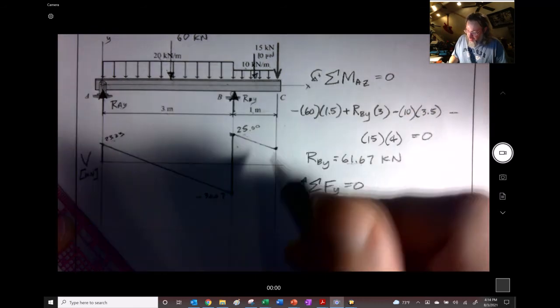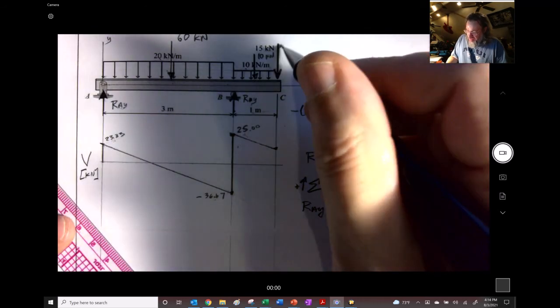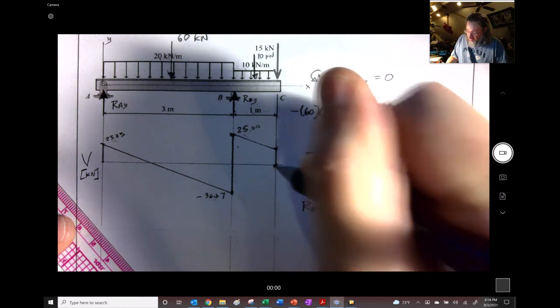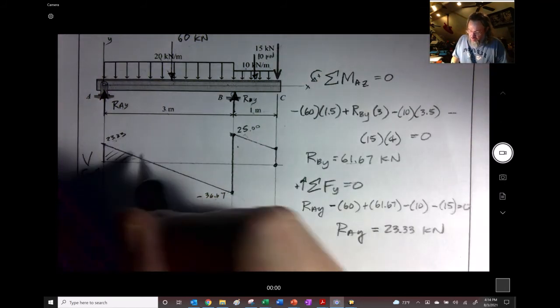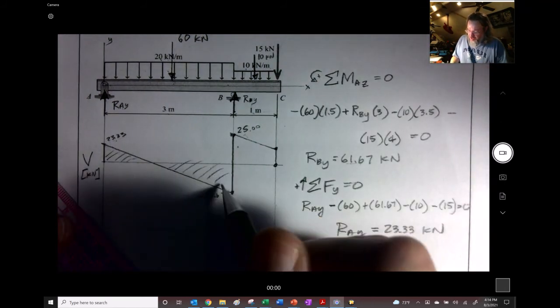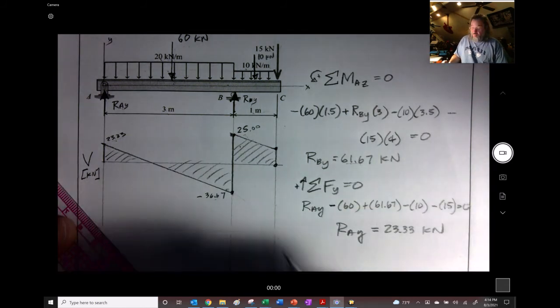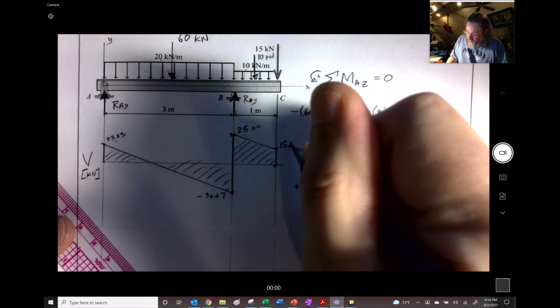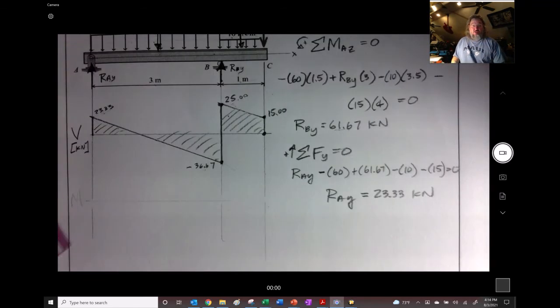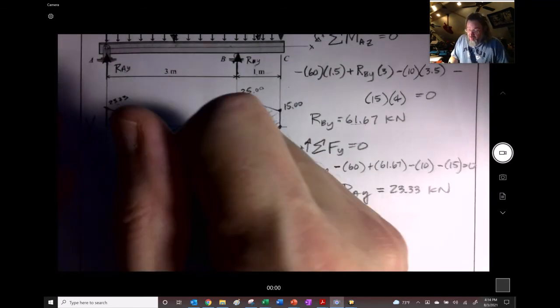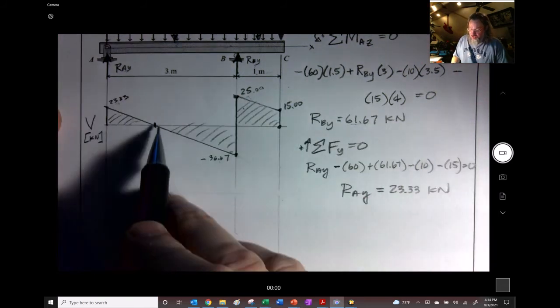You could see. And then we have that 15 coming down that brings us back to 0, right? So I'm going to hatch this in because I think it's easier to see what's taking place. And then this is 15 right here. Okay, so we might want to know where that location is right there.